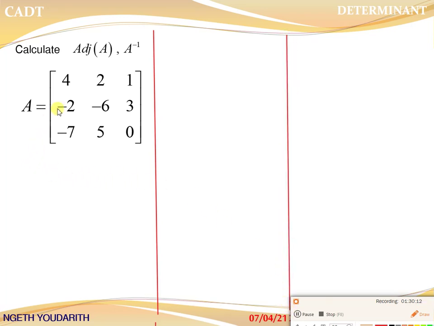The cofactor of A, this one is mean C11, C12, C13, C21, C22, C23, C31, C32, C33.